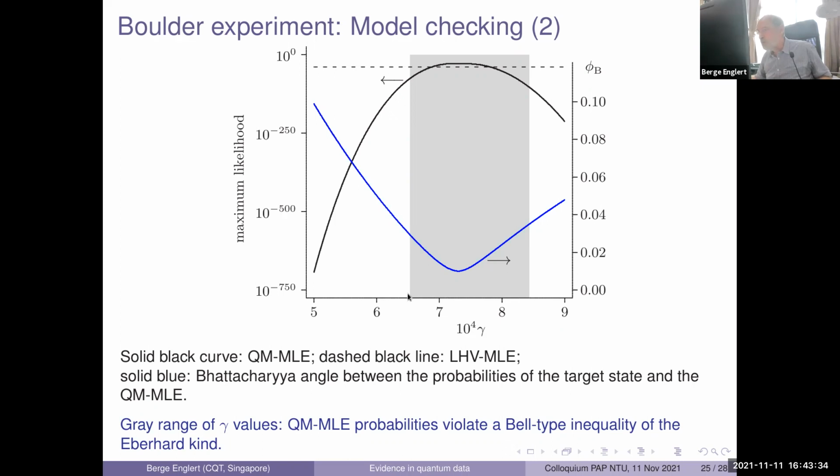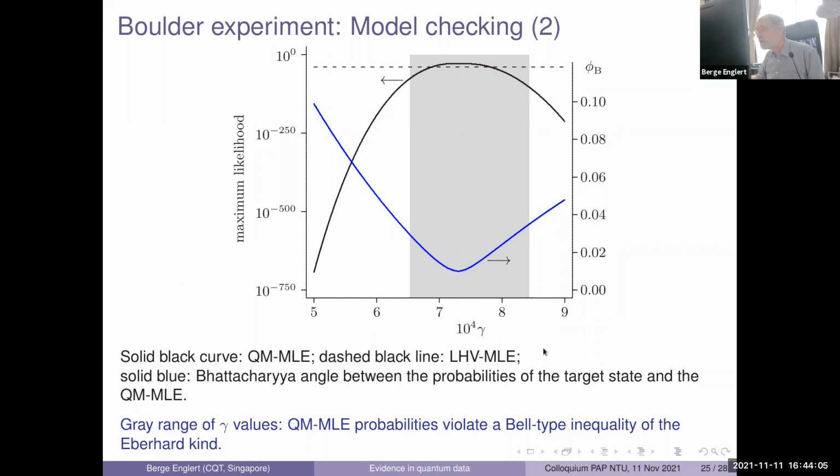But please note that this value is even outside the region where the estimated probabilities violate the Bell inequality of the Eberhard kind that they are studying. And you can also look at the angle between the estimated probabilities and the probabilities of the target state, the state that they wanted to make in the experiment.